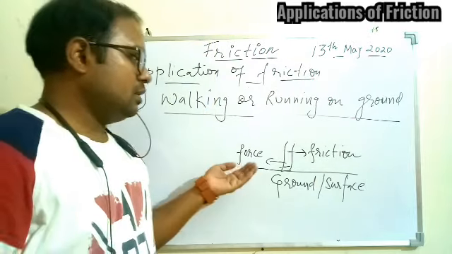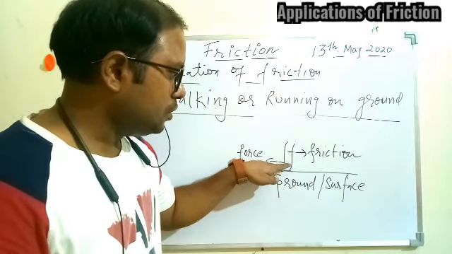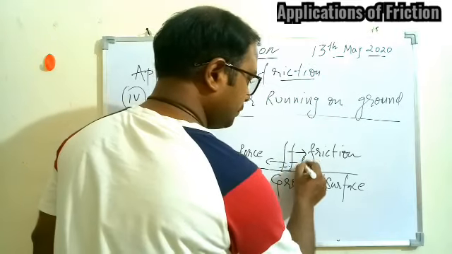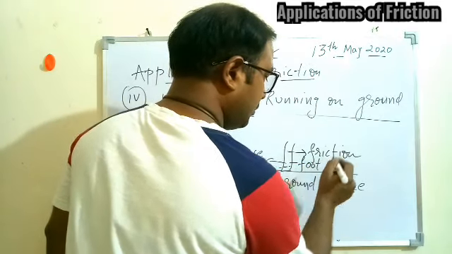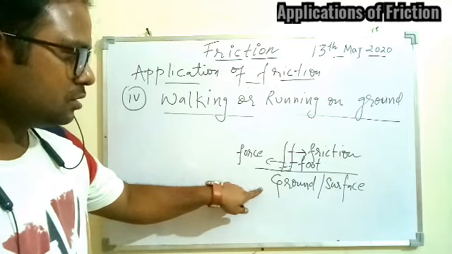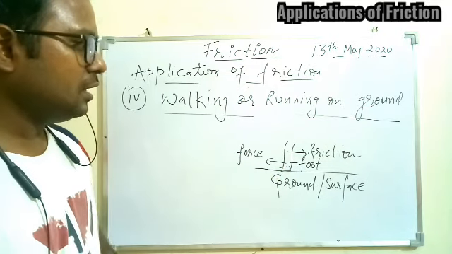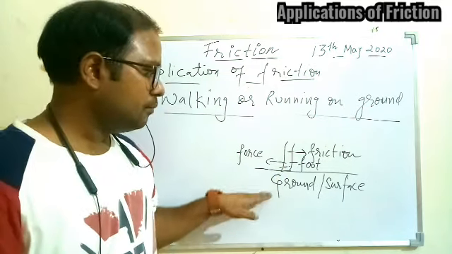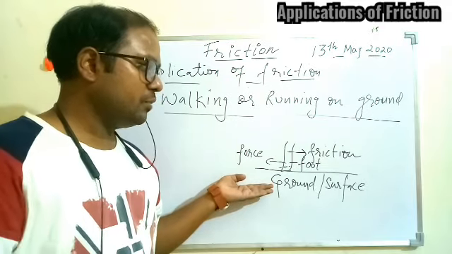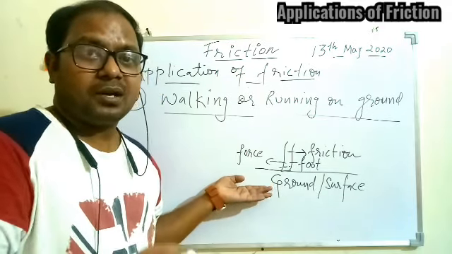So in this case also there is a friction, that is between your leg or the foot, we can say. Between the foot and the ground there is a friction, and that friction is basically helping in the interlocking with the ground. So when you are walking or running on the ground, you need to have a grip.